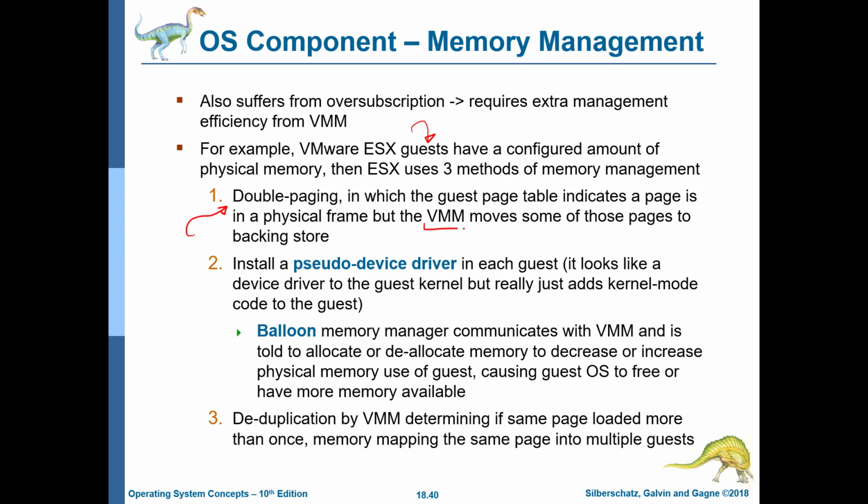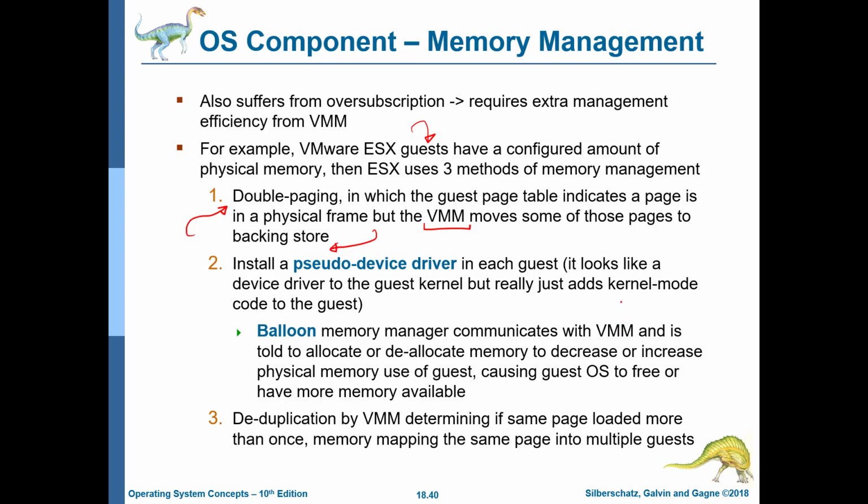But the VMM is free to move it to some kind of a backing store, which is the swap space in this case, if it actually runs out of space. So the key idea over here is that if it is running out of space, it implements swapping on its own, unbeknownst to the guest OS.